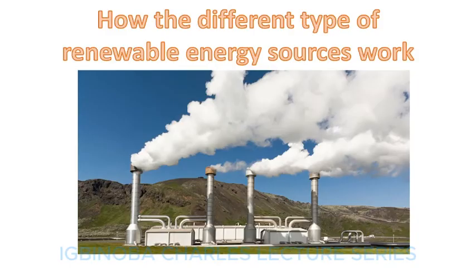So that is exactly what is happening here. The energy from the earth's crust has been captured using all this equipment to produce geothermal energy. The heated water within the geothermal reservoir, the water under the ground that has been heated, is pumped up to the geothermal power plant, which is this power plant, where it turns into steam, which is then used to operate a turbine to power a generator.